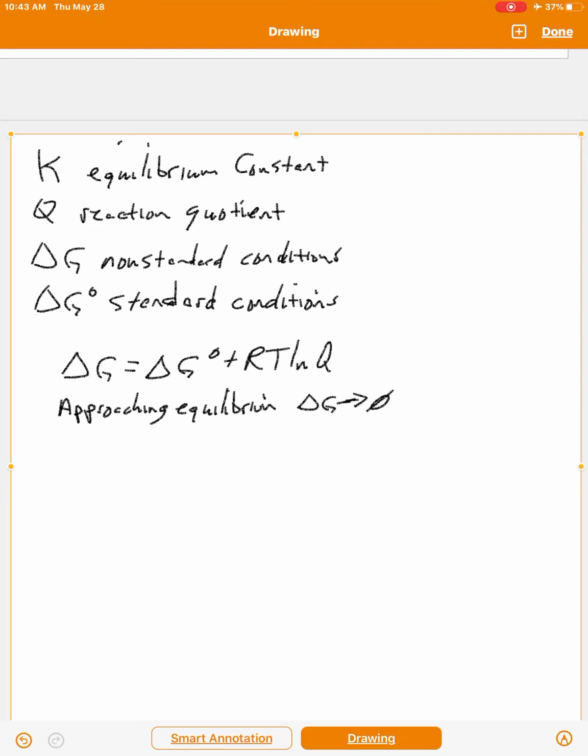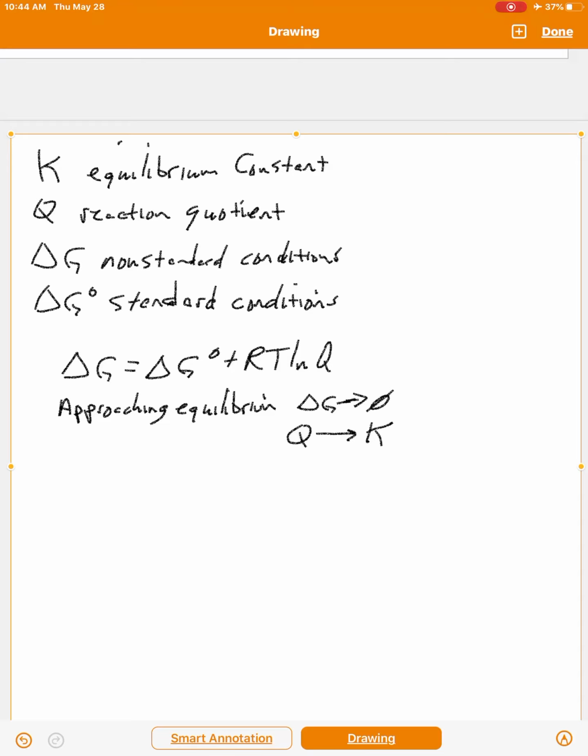That's what we said in the previous section, which is if we're at equilibrium, the change in free energy is equal to 0. So as we approach equilibrium, delta G is going to approach 0. But something else happens. Q approaches K. Q becomes K. So let's make those two substitutions in our equation.